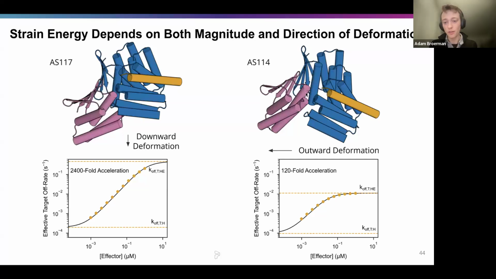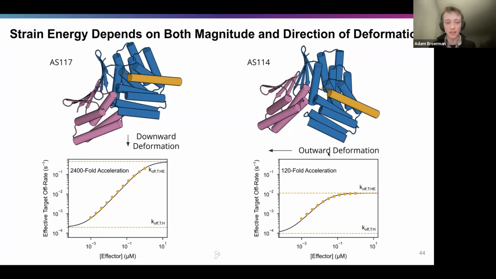Whereas in this one, where it's deforming outwards, you can just bend the beta sheet. That maybe is less destabilizing, or you have to bend a lot further around a beta sheet to actually get the same energy of deformation as you would in the shear direction.